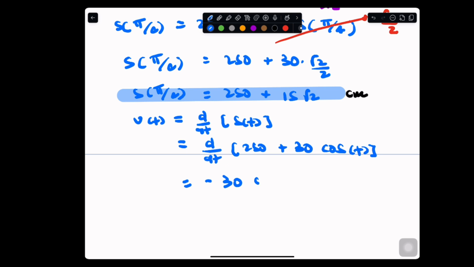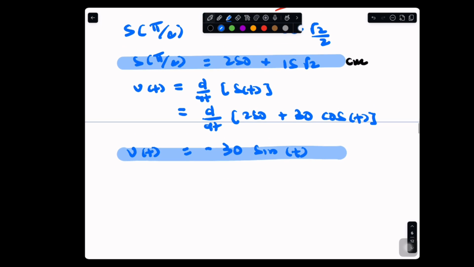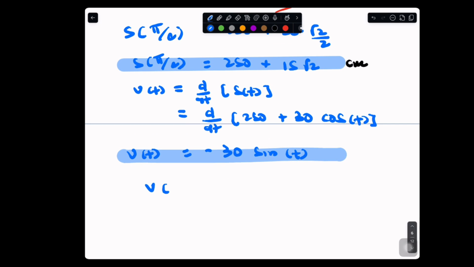Is that minus 30 sine t? Okay, good. Look at that. So I need that function because I want the velocity at pi over 4. Remember, that's a radian value, by the way.